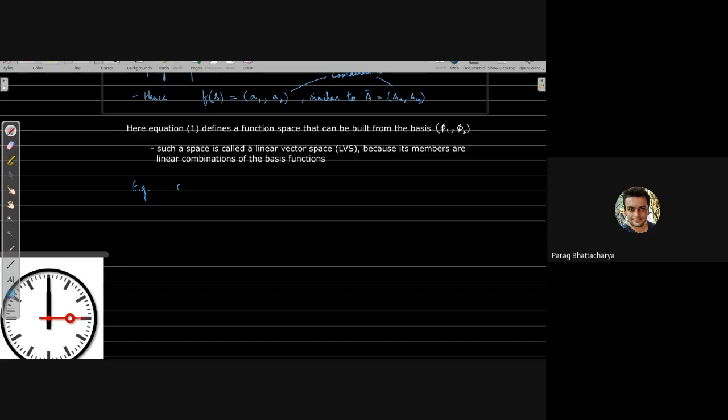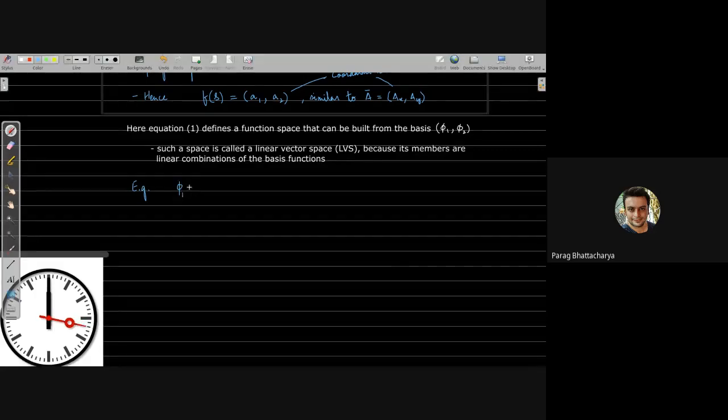let us say I choose, a very simple example, phi1 of s, it has to be a function of s. As before, I choose phi1 of s to be s, and phi2 of s to be equal to s square.